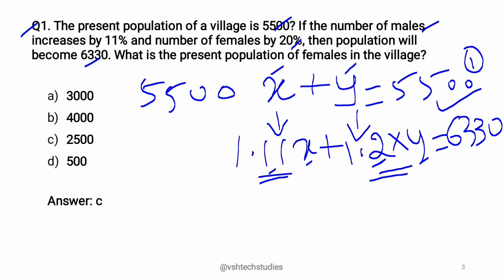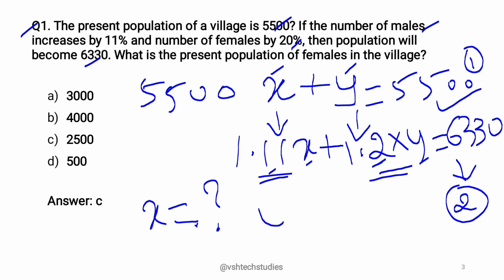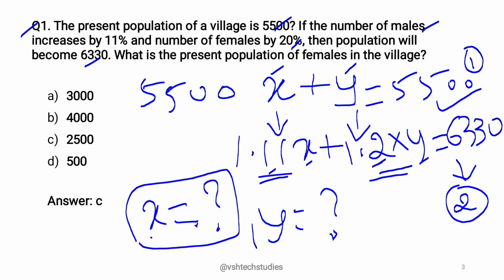This is equation 1, this is equation 2. Here there are two unknowns and two equations. The first unknown is x, the second is y, and because we have two equations and two unknowns, we can calculate them. This is the present population of males, this is the present population of females.